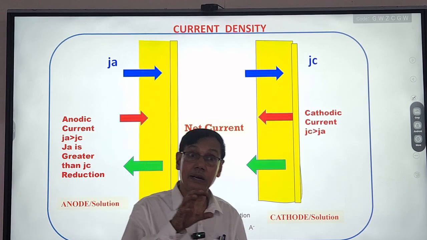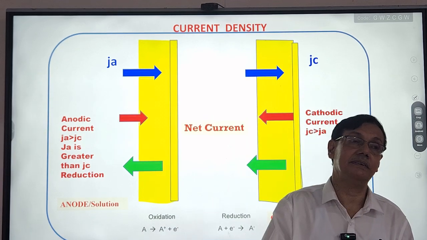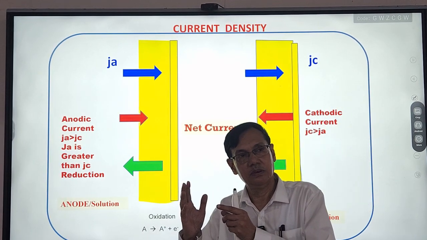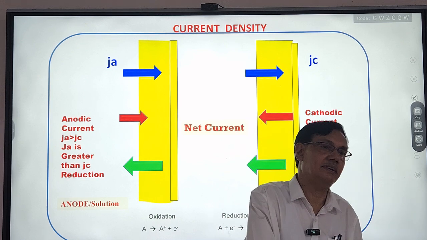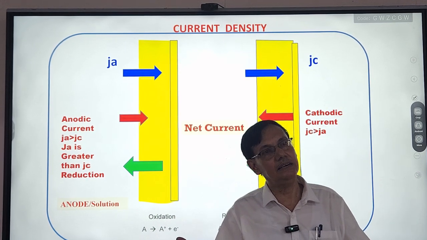So whenever you derive the Butler-Volmer equation, the difference between the cathodic current and anodic current is equal to the exchange current density.